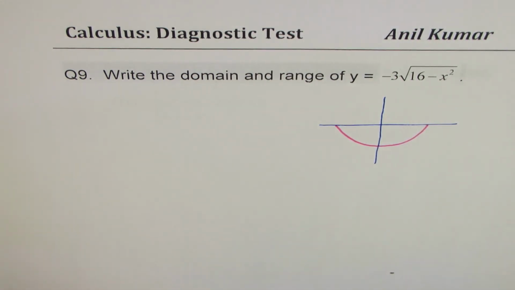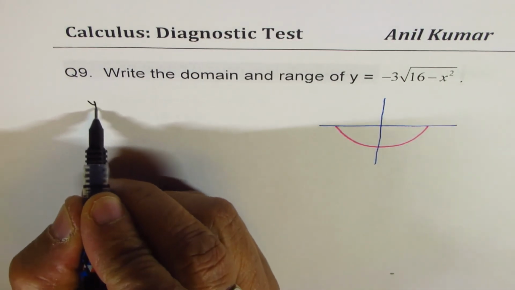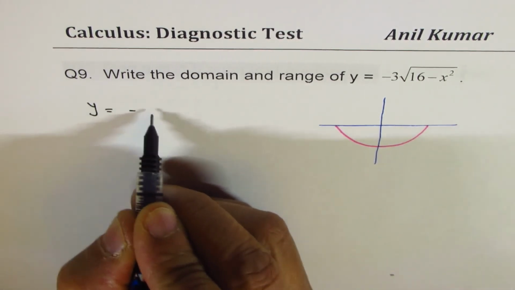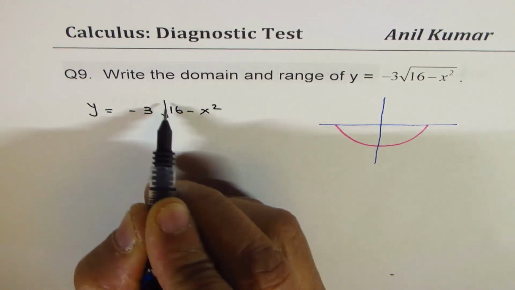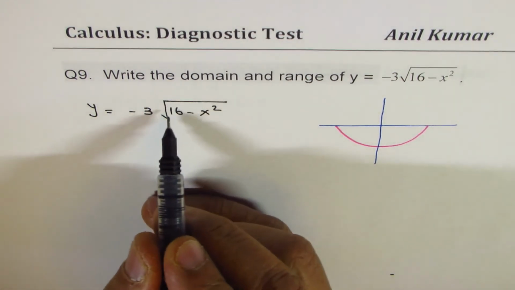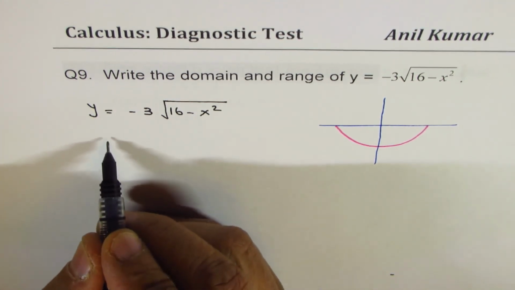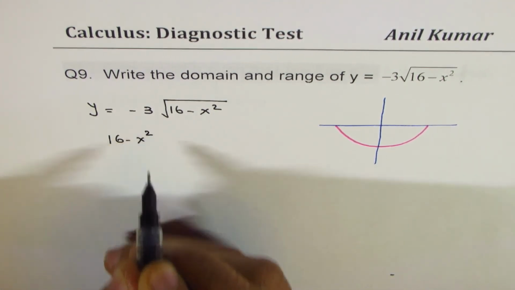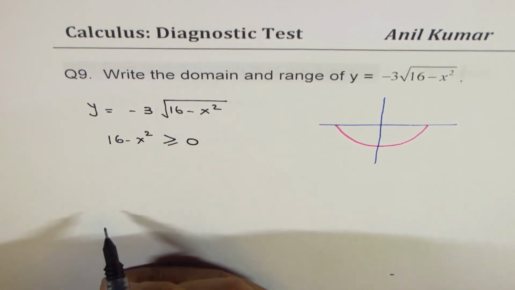Perfect. Now, when we talk about domain and range, let's look into the function in detail. It is minus 3 square root of (16 minus x square). All this you're supposed to know, right? Now, the idea is that within the square root, we should always have a non-negative number. That is to say, 16 minus x square should always be greater than or equal to 0.